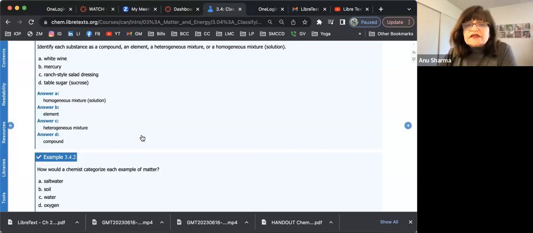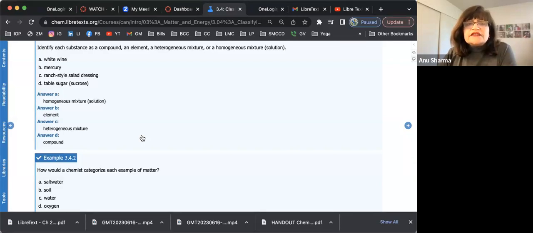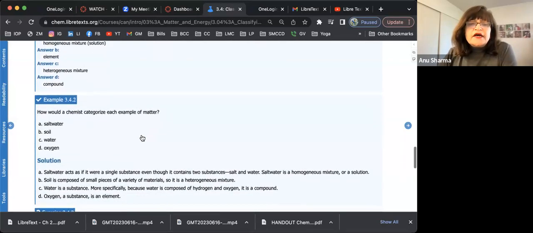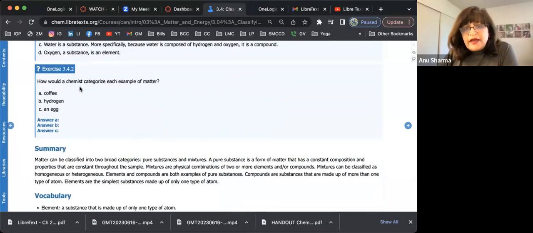That iron pot or pan is an element. Okay, so it's not that hard. The majority of the things that you are going to find in general are compounds.